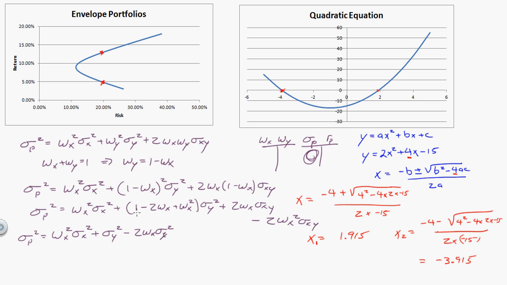So I'm multiplying this 1 times that, then negative 2wx times this, plus wx squared sigma y squared. I'm running out of space here. Plus 2wx sigma xy minus 2wx squared sigma xy. Let me move this up a little bit.